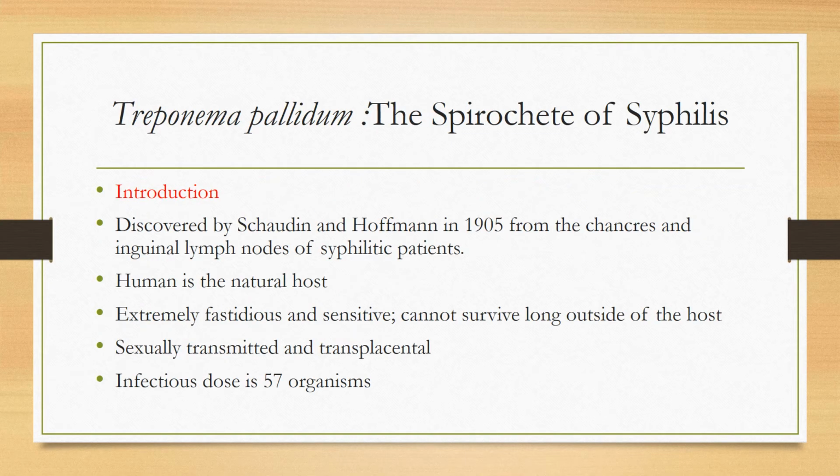Now let's talk about Treponema pallidum, which is the spirochete of syphilis. It was discovered by Schaudinn and Hoffmann in 1905 from the chancres and inguinal lymph nodes of syphilitic patients. Chancres are painless ulcers formed mainly in syphilitic patients only.